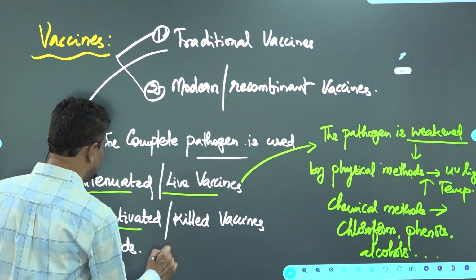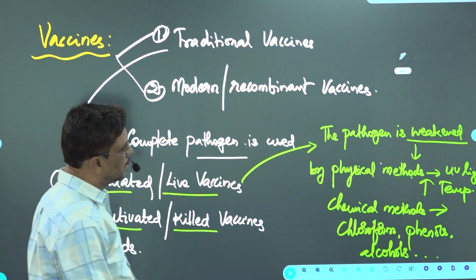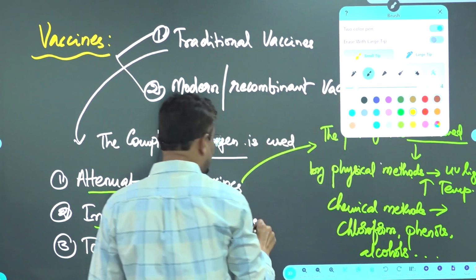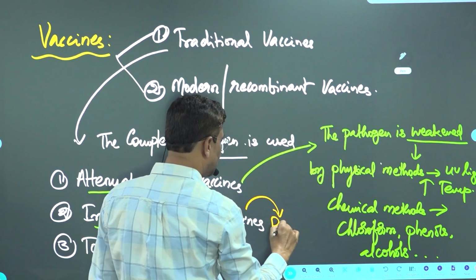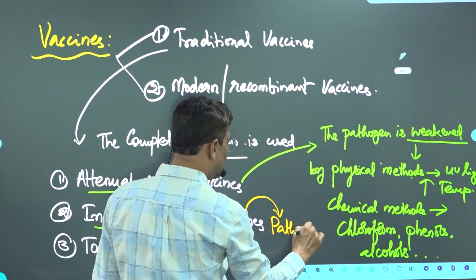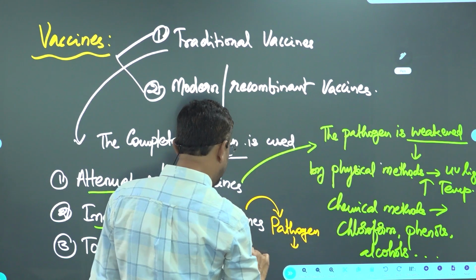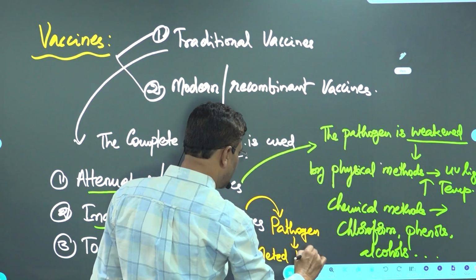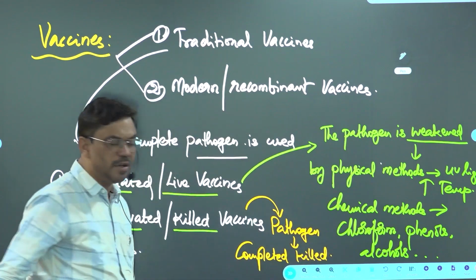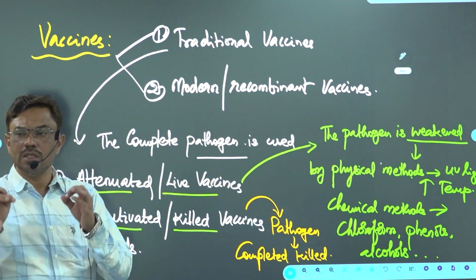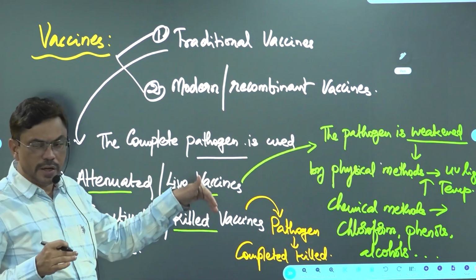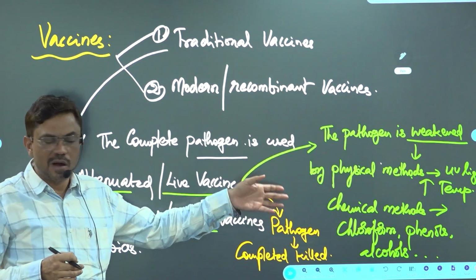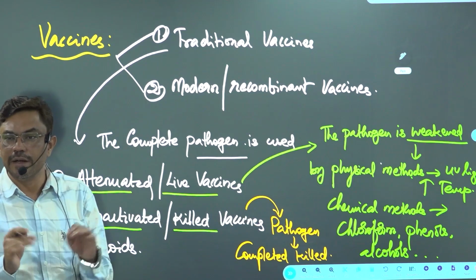And inactivated or killed vaccines mean the pathogen is completely killed. When the pathogen is exposed for a long period to UV radiation, temperature, or chemicals, the pathogen will be killed.